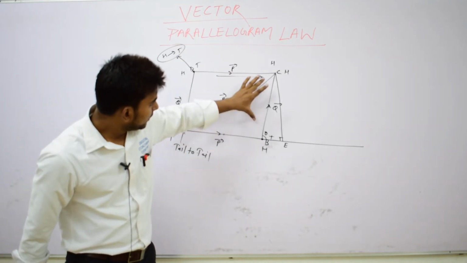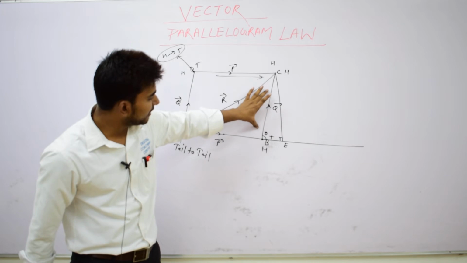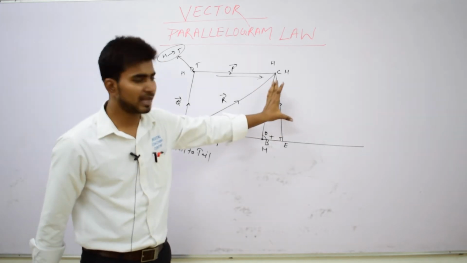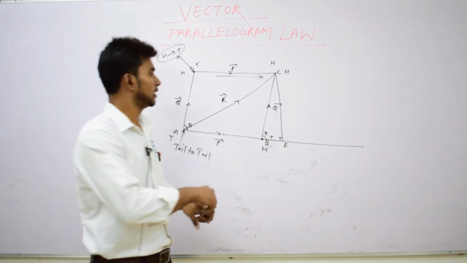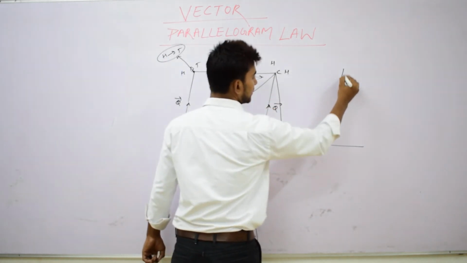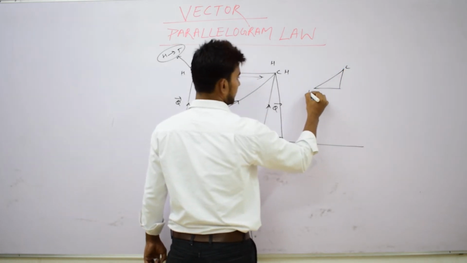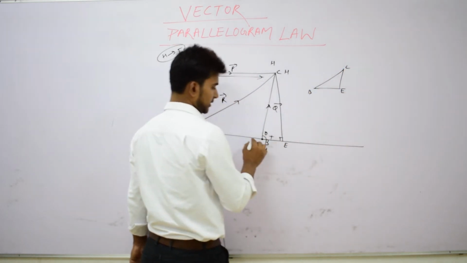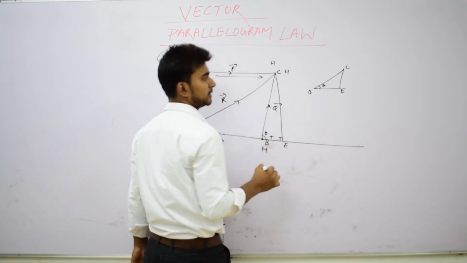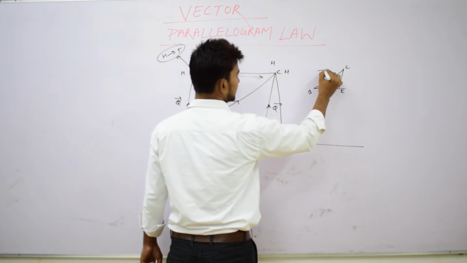Now we can project this particular vector q in the horizontal as well as in the vertical direction. Just see here in this triangle CBE, where the angle is theta, and in the BC direction the q vector is there.